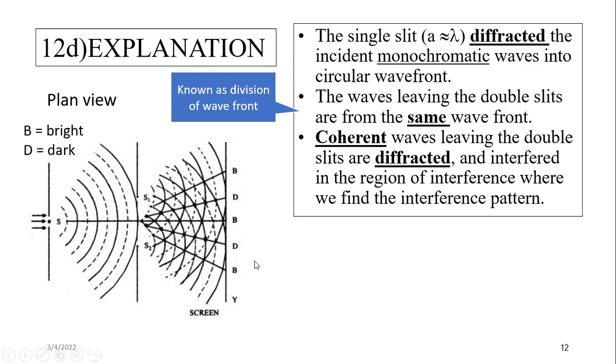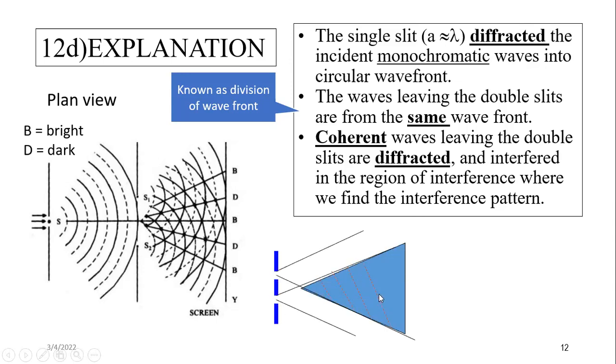Let me read and then I'll come back to you. So if you put a screen there and use light, then you see dark, bright, dark, bright. That's your region of interference, where the two waves from S1 and S2 will meet here.